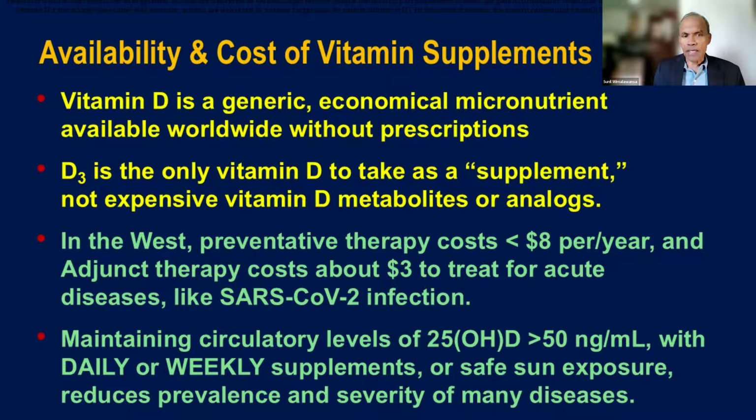In the West, for example in the US, it costs about $6 to $8 per year to maintain serum 25-hydroxyvitamin D. And if you buy a slightly more expensive one, it could be even $20 per year.